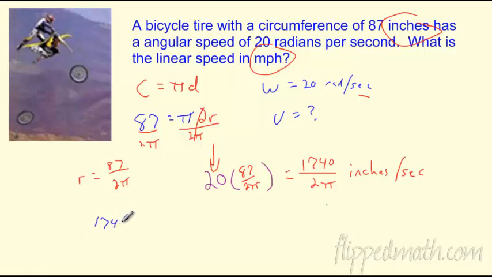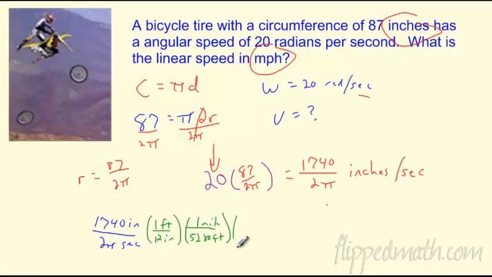So if I've got that 1,740 inches every 2 pi seconds, let's convert this over to miles per hour. So we're looking at what? 12 inches here is 1 foot. And then make sure feet is on the bottom to keep them opposite. So we're looking at 5,280 feet. That is 1 mile. Awesome. And that's good, I'm in miles, but I also need to go to hours.